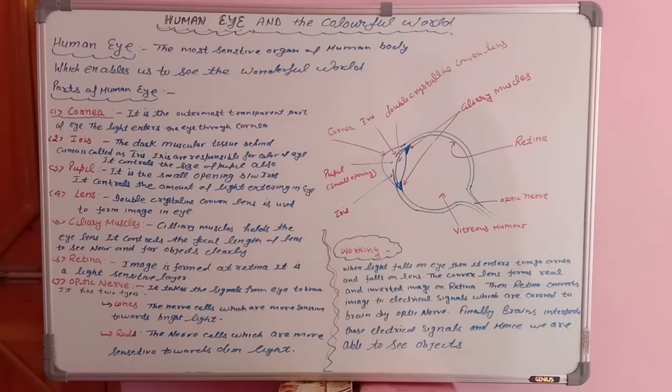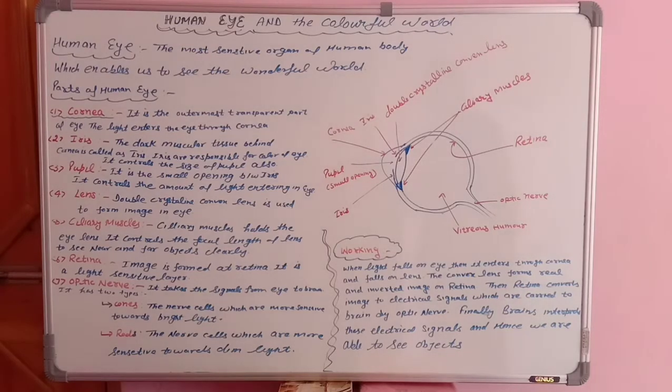It is the light sensitive layer, students, and the retina converts the image into electrical signals, and these electrical signals are carried by the optic nerve to our brain. So our eyes are directly related to our brain.